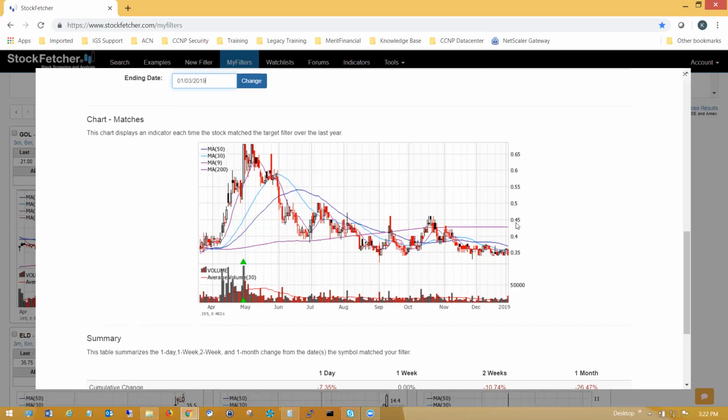Right there, that is your first shoulder. The one on the very top that formed two double tops is the head. And then the right shoulder is the one right on 0.6 of June.